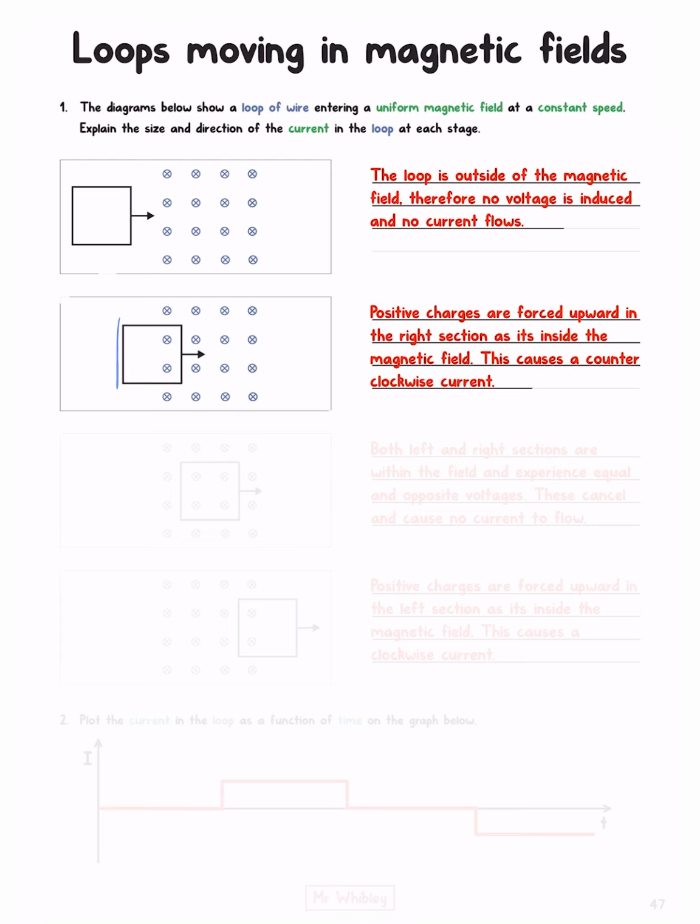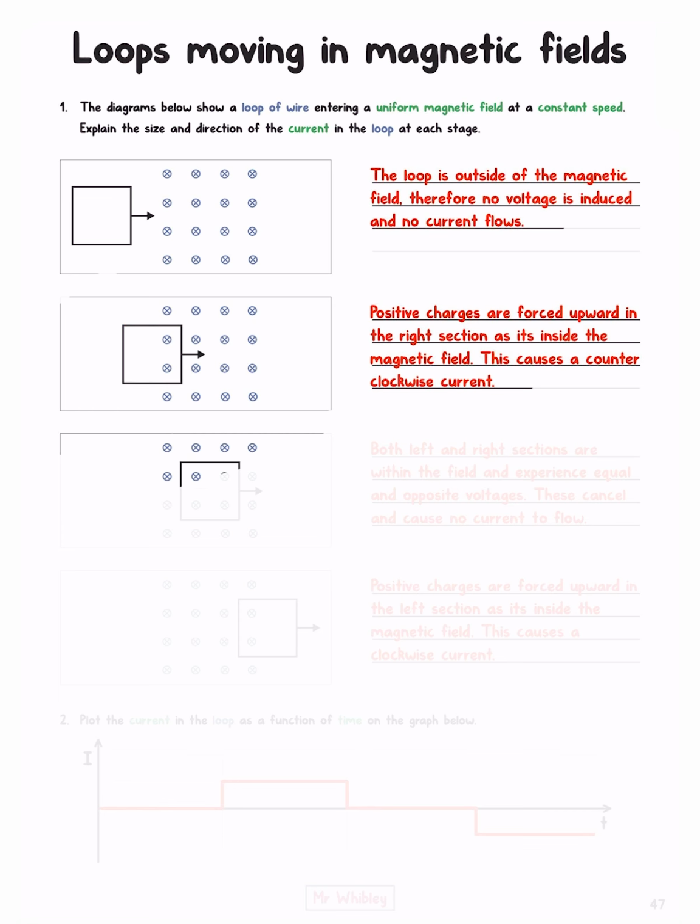We get no effect from this section because it's not in the magnetic field, and our top and bottom sections don't contribute to the effect because the positive charges are forced upwards, and in these two sections there is no conductor for them to move upwards into. All that really happens is that the charges get separated over the width of this wire, which really doesn't do anything for our overall current.